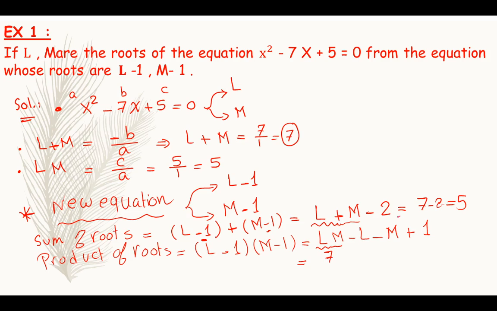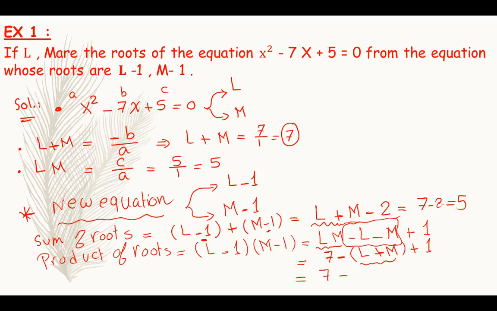From negative L minus M, we can take negative as a common factor, so the remainder will be L plus M. This is plus 1. Now you can replace L plus M by the sum of the two roots.